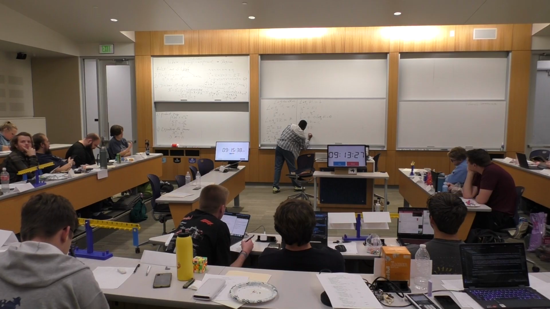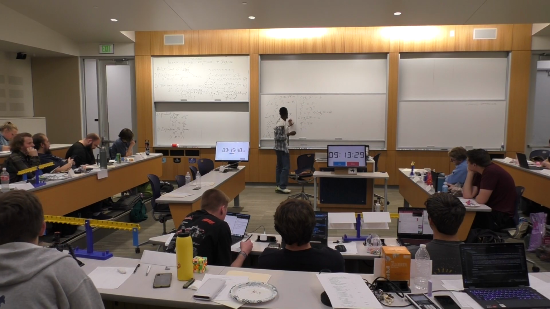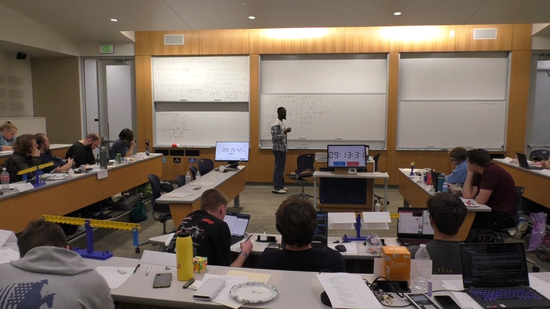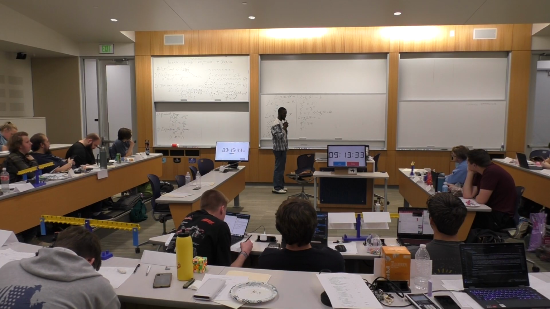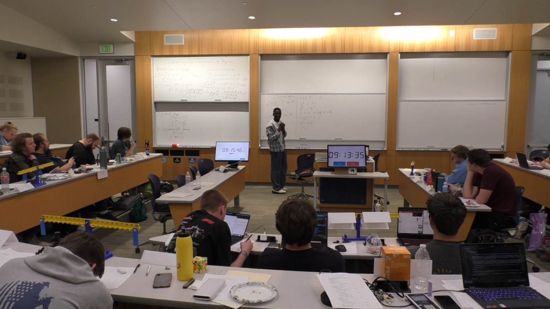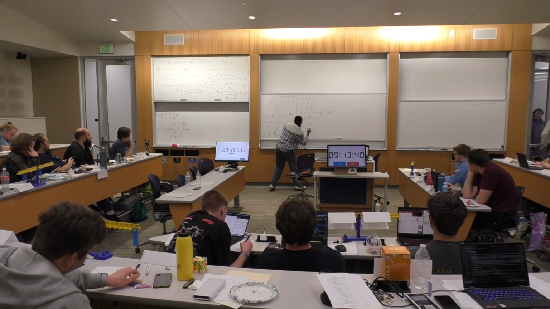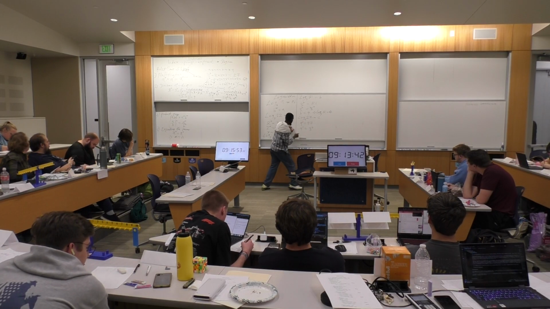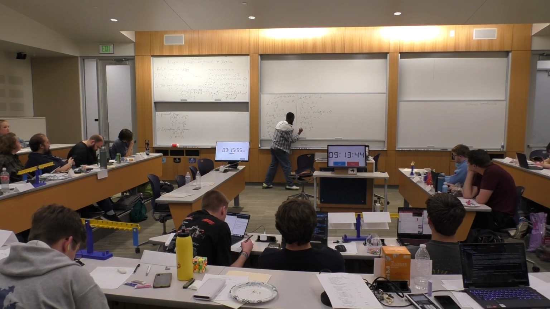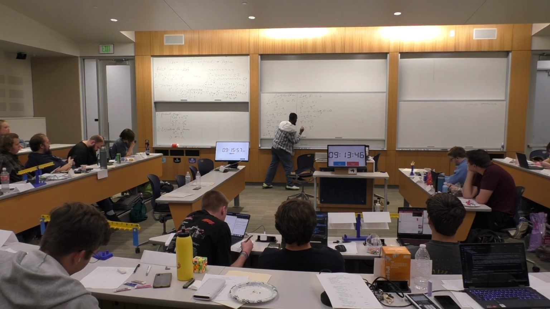So, we have 27 here. 3 raised to the power 3 is 27. 3 raised to the power 2 is 9.